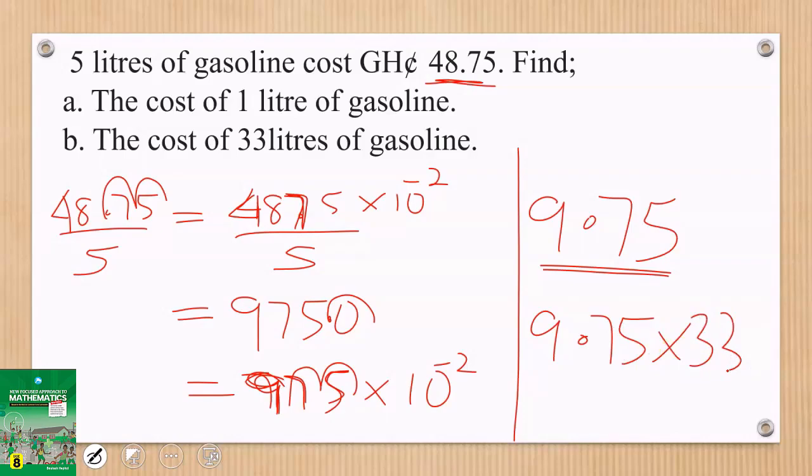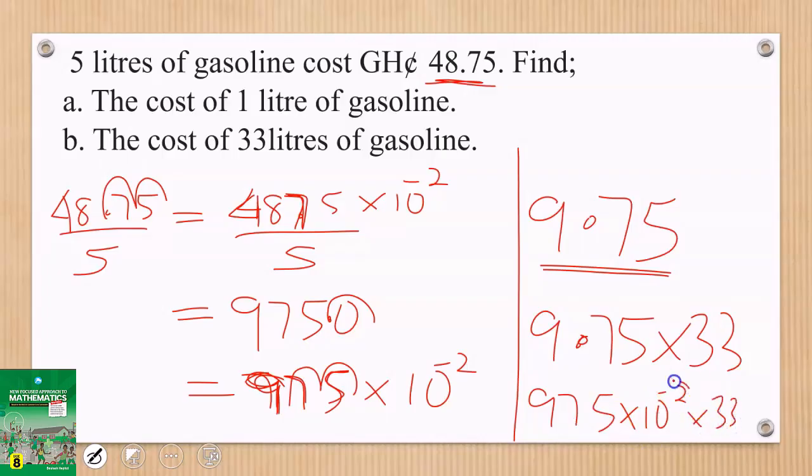And again, you can do this by changing it to standard form, then multiplying by 33. That is doing 975 times 10 to the power negative 2 times 33.